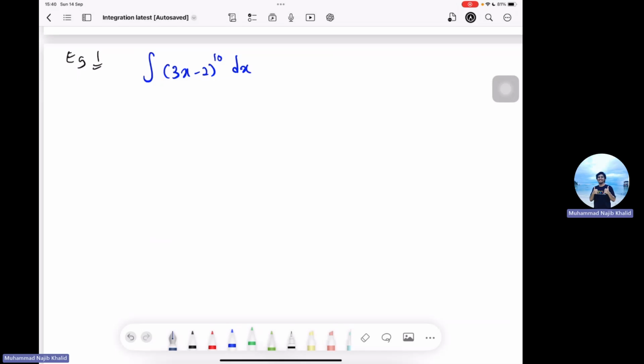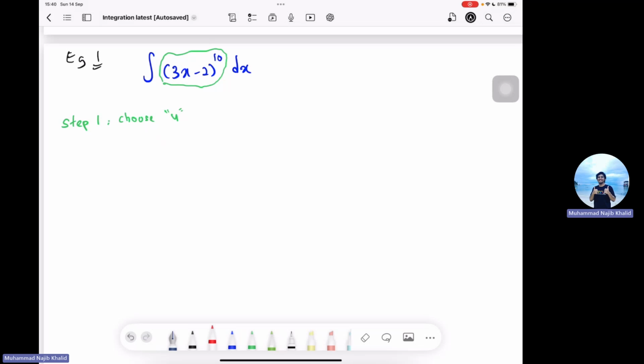Okay, so I can break this down into four steps. The first step is we are going to pick or choose which term in the function is going to be our u. So step 1, I will name it as choose u. Most of the cases, we will pick u as the function that has the power in it.